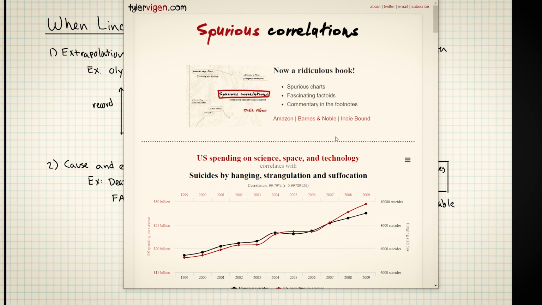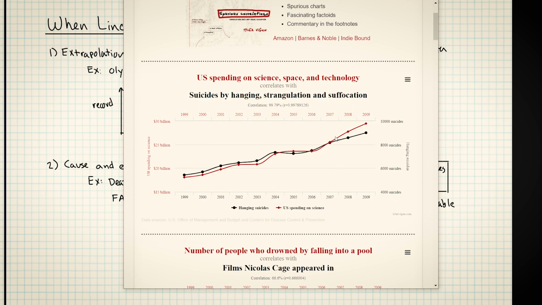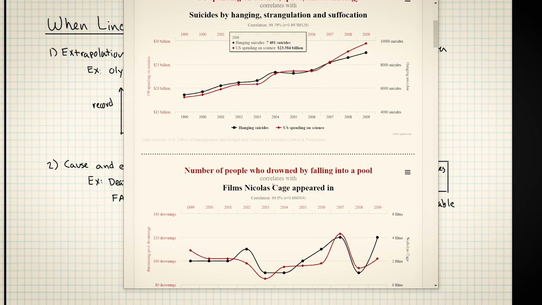So I want to draw your attention to this kind of silly website called Spurious Correlations, where they have a bunch of data sets and they just wrote a computer program that just trolls through these data sets and finds all these correlations. So here's suicide by hanging and U.S. spending on science. Okay, I like this.